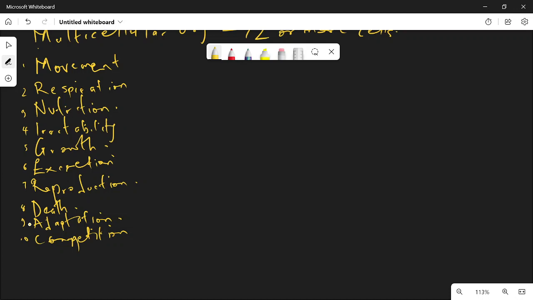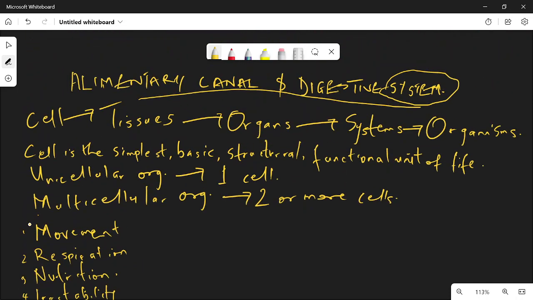So let me go back to what we refer to as the cell. I said the cell is the simplest basic structural and functional unit of life, and that we have two types of organisms based on the number of cells they have: unicellular organisms that have one cell, and multicellular organisms that have two or more cells.